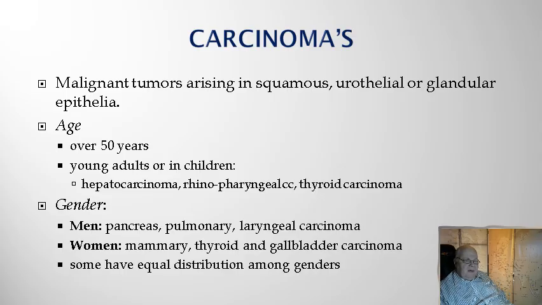They are usually appearing in elderlies, but very few of these carcinomas can even appear during childhood period. Is the case for hepatocarcinoma, for example, who has as etiology chronic infection with hepatitis B or C virus.